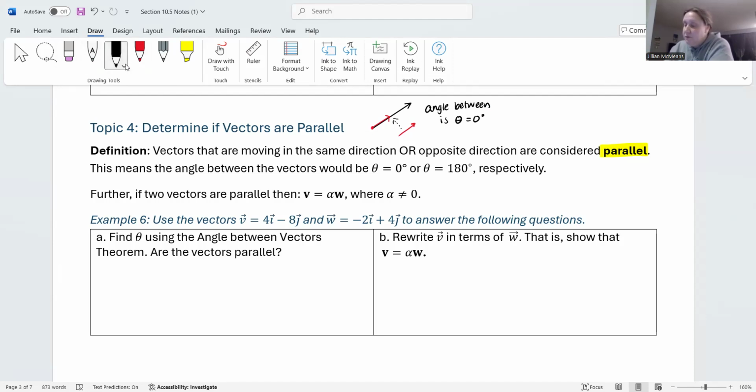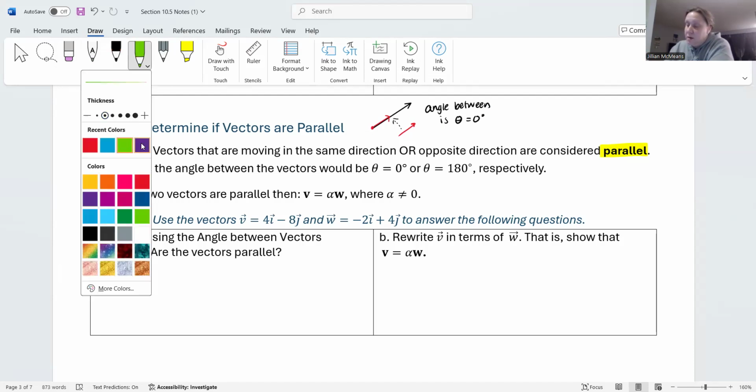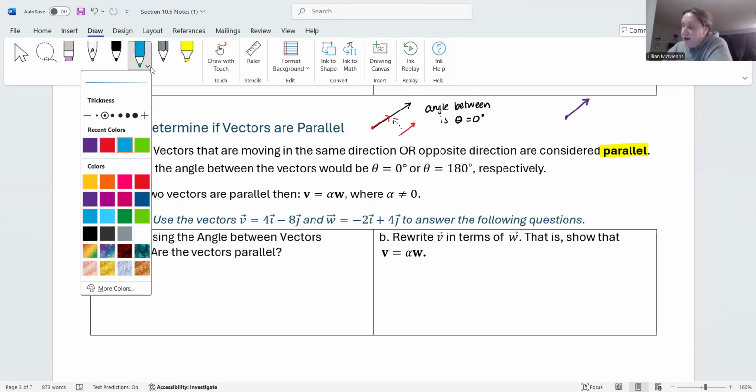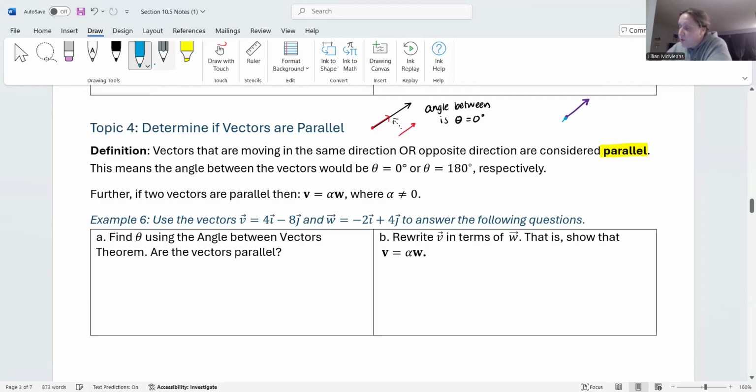Now envision another situation where we have, let's do purple and blue. Let's say I have this vector going this direction, and then I have this vector that shares that same initial point, and it's going in this direction. If we make them share the same initial point, what do we notice about the angle between them?